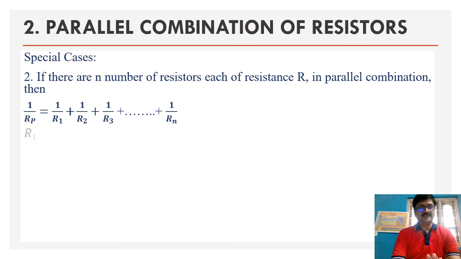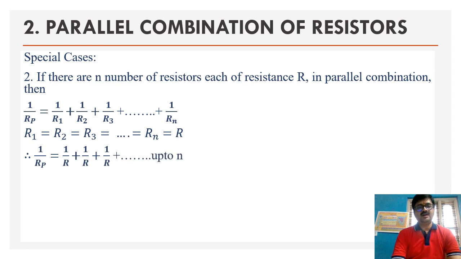Then we also know that R1 equal to R2 equal to R3 equal to so on up to Rn is equal to what? R. So very clearly, if we substitute all these values by one single R, then we'll get the equation like 1 by R summed up n times.